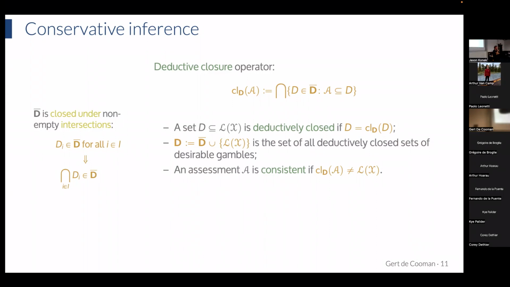So that is also closed. You can see that this set will be empty, because there is no desirable set of gambles that includes all gambles, because they are cones. Zero cannot be in there. So if A has zero, then there is no D. So this set is empty, and the intersection of the empty set is the entire space.